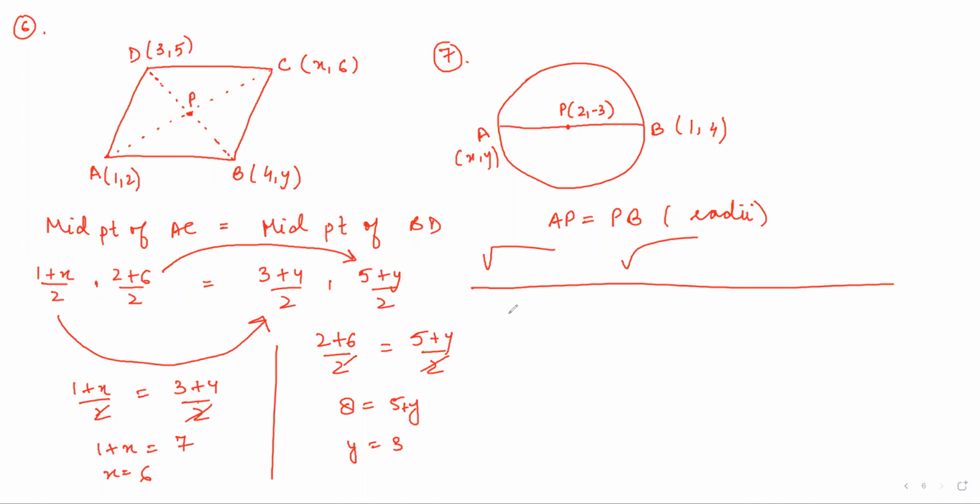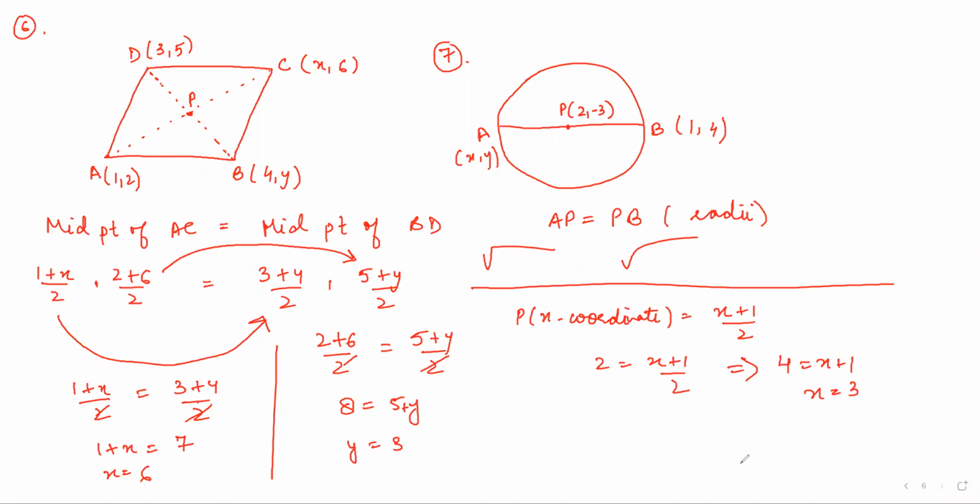So you can find the coordinates of P. The x coordinate of P is x1 plus x2 by 2, that means x plus 1 divided by 2. This is already given as 2, so 2 equals x plus 1 divided by 2. Cross multiply, so 4 is equal to x plus 1 and x is equal to 3.